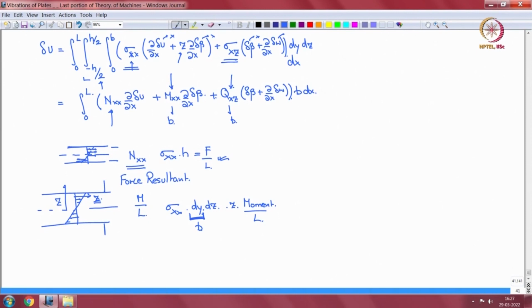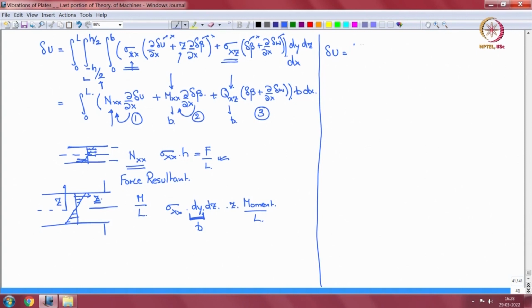So now what do we do? What we do here is we will transfer these derivatives. Wherever there is a derivative, the variation term will transfer the derivative. So now my delta u becomes the first, we will call it term 1, term 2, term 3.